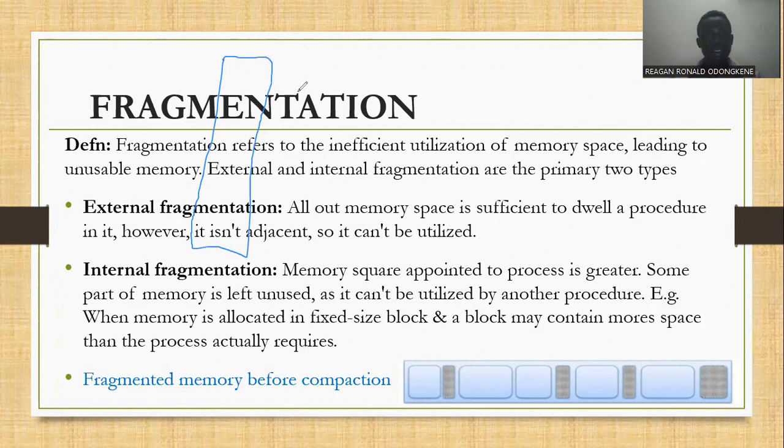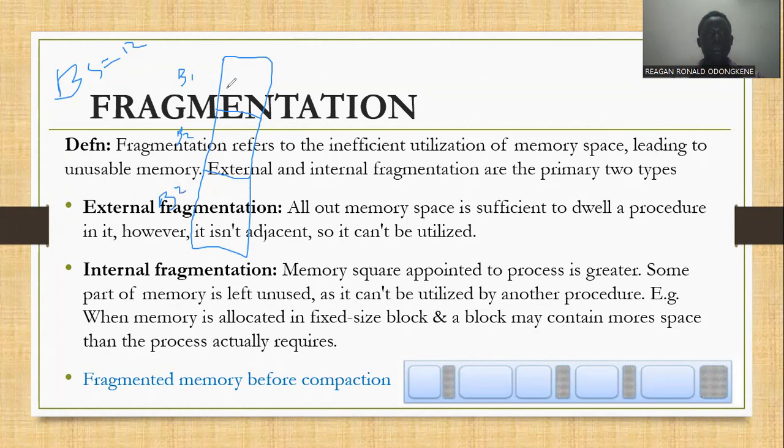Let's say the size is 12 MBs. Our total block size is 12 MBs. Then this block is being partitioned into three parts. We can name them B1, B2, and B3.